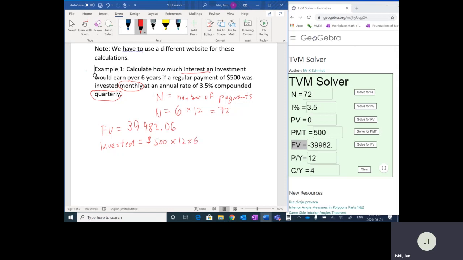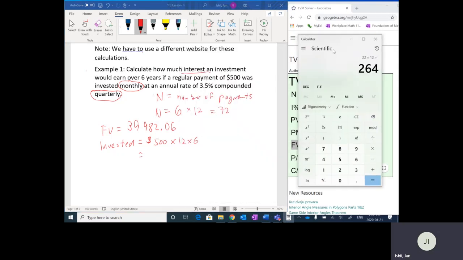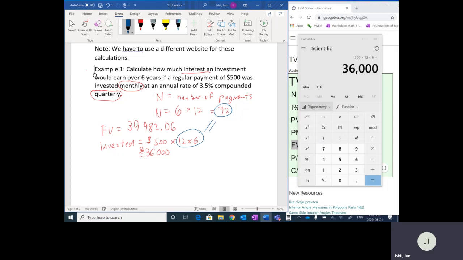That number is 36,000, so we put in a total of $36,000. What you may have noticed is that the N here, the number of payments, is the same as 12 times 6, so these will be equal.